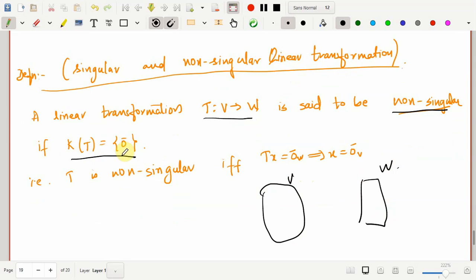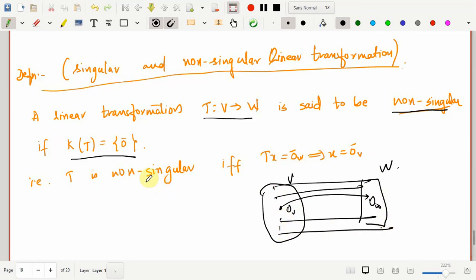If only 0 maps to 0 and every other element goes to a non-zero element. That's the definition. So T is non-singular if and only if the only element that goes to 0 is 0, and all the other elements go to non-zero elements.